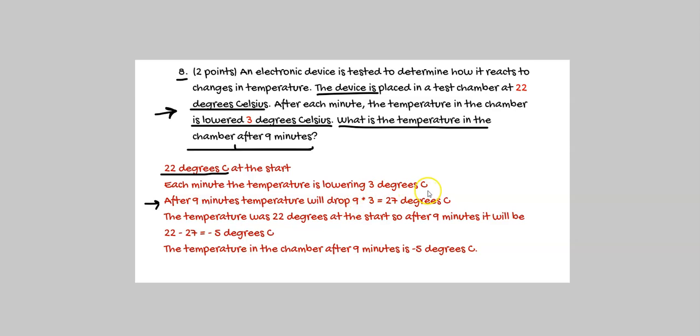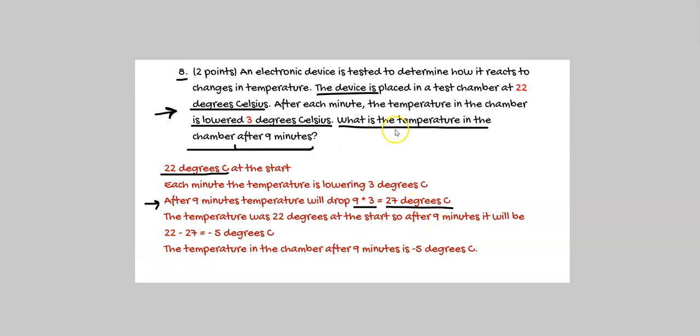There's 3 degrees Celsius lowering. So we will do 9 times 3. That's going to be altogether 27 degrees Celsius. The temperature will drop 27 degrees, right?